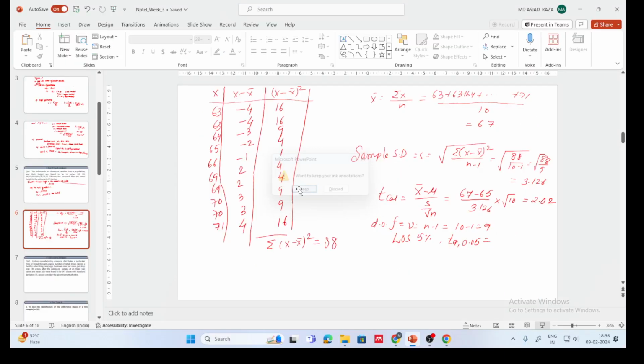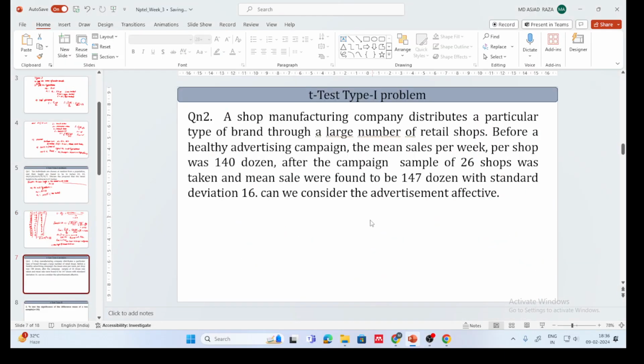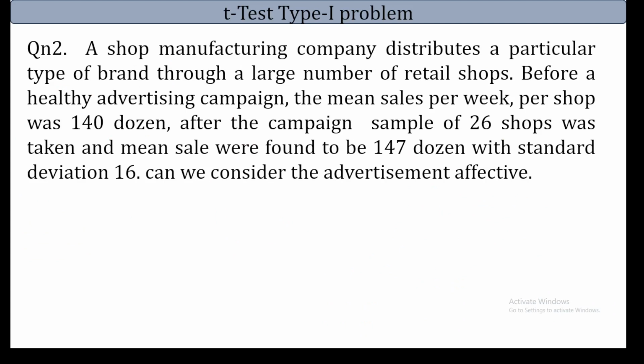Okay, we'll go ahead with the next question. Can anyone read this question? This is the direct one. A shoe manufacturing company distributes a particular type of brand through a large number of retail shops. Before a heavy advertising campaign, the mean sales per week per shop was 140 dozen.